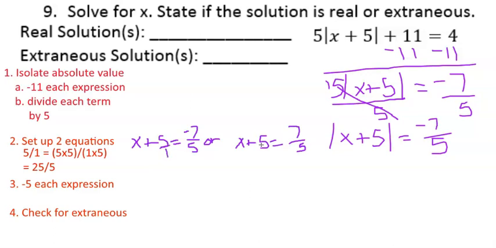So we'll have 5 over 1. So we'll have to multiply by the unity fraction 5 over 5, and by the unity fraction 1 over 1 to get the common denominators.